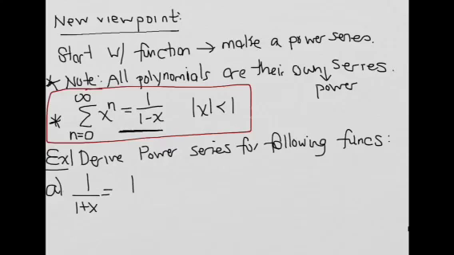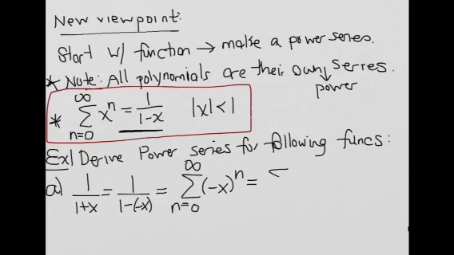So really this is 1 over 1 minus a negative x. If we were looking at this as a function, instead of having an x there, we're going to plug in negative x, because that's the only difference between 1 plus x and 1 minus x. In other words, the power series representation for 1 over 1 plus x is the sum n equals 0 to infinity of negative 1 to the n, x to the n.